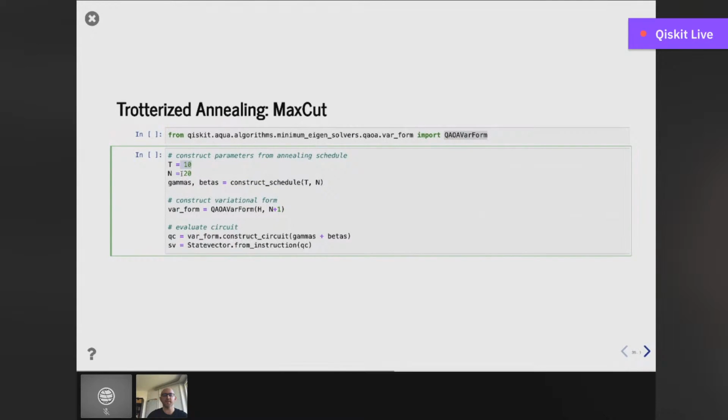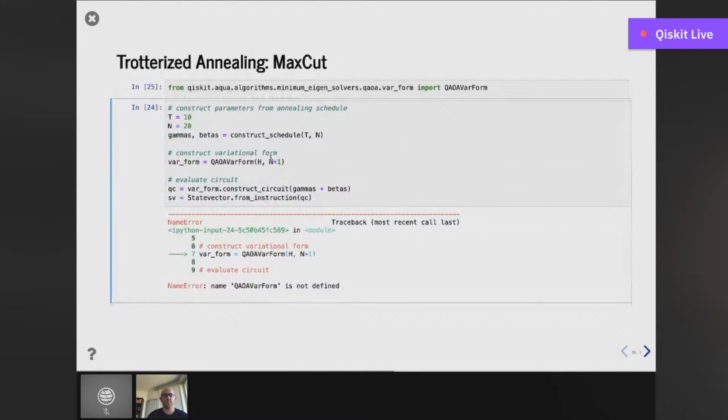Now we choose 10 time steps and 20 discretization steps, and we use the Hamiltonian that we constructed for the max cut problem. And we say that the QAOA var form should use n+1 steps, and then we construct a circuit with the parameters that we got from the schedule, and we evaluate the state vector. And we should import this first.